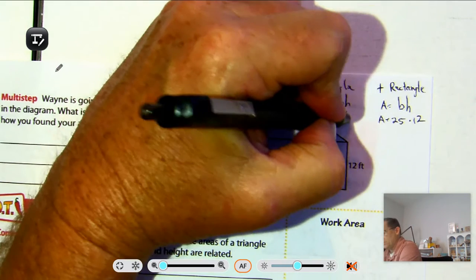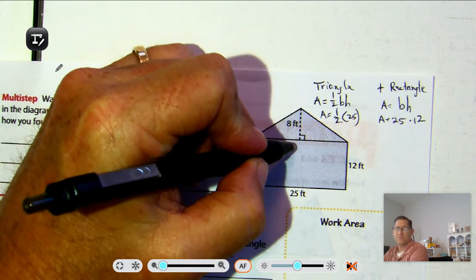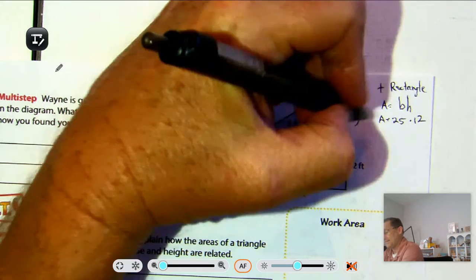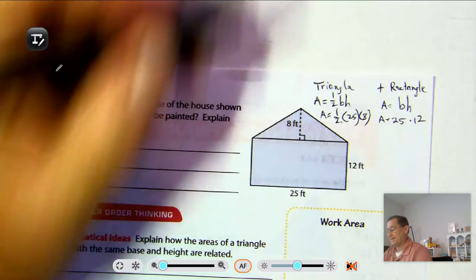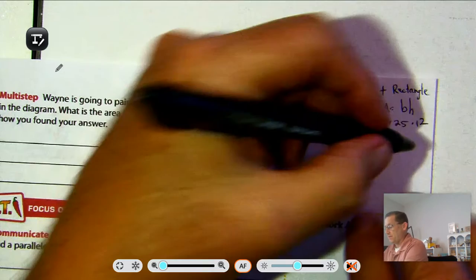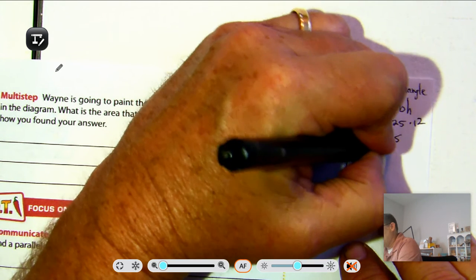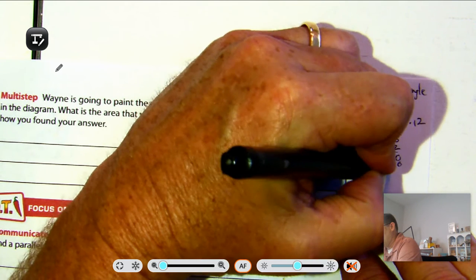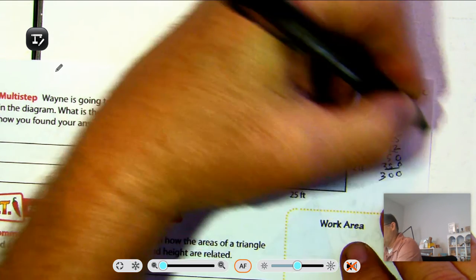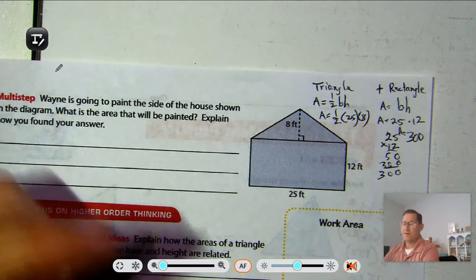So the base of the triangle is 25, but the height of the roof line is 8. So we're going to take 1/2 of 25 times 8. All right, 25 times 12. That's 300. Okay. So the rectangle is 300 square feet.